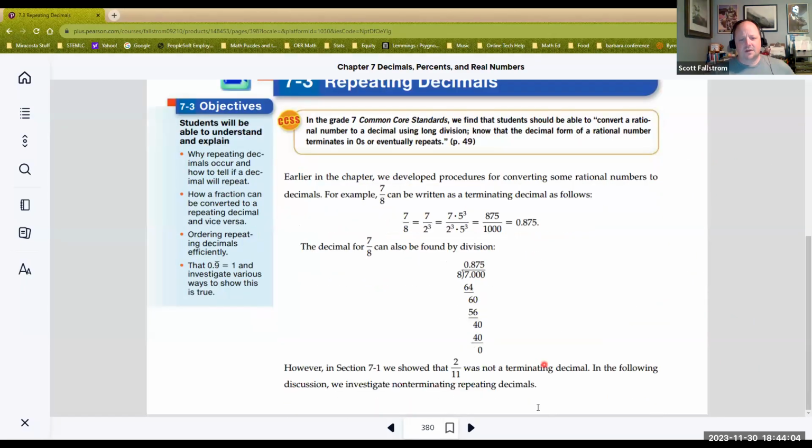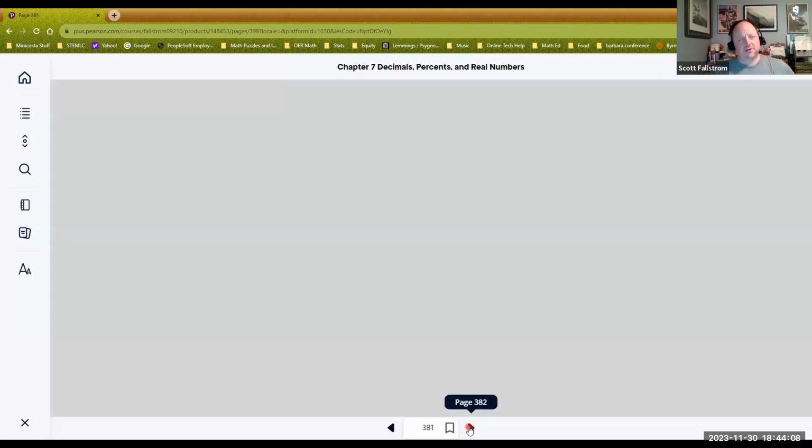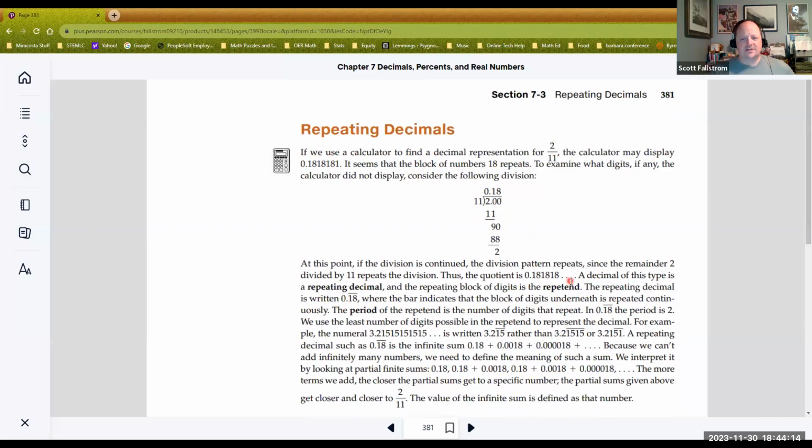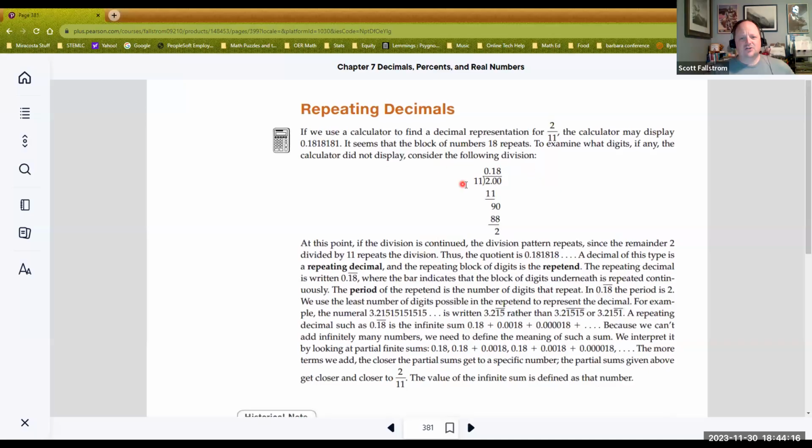So you can use division to find the decimal at any time. Okay, so now let's take a look. What if we have fractions that do not terminate? What we saw in class, if you were paying attention, is we do the division with 11. 11 goes into 2 0 times, goes into 20 once. And this is where I want to call your attention: I end up with a remainder of 2.